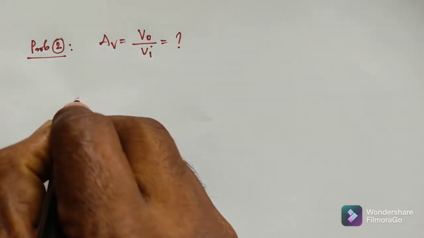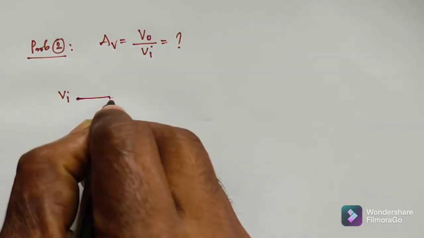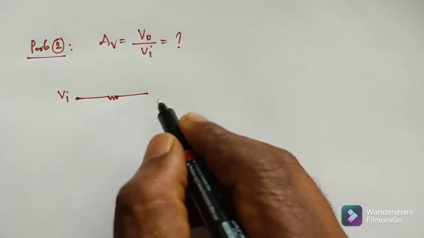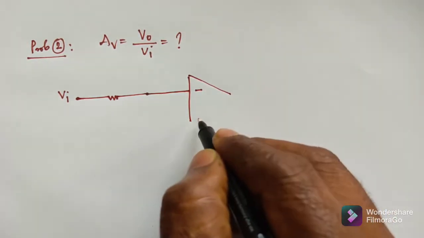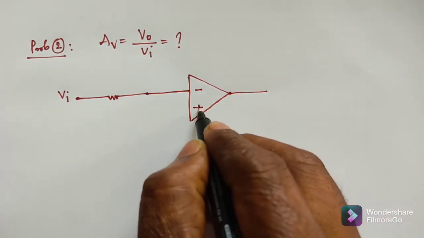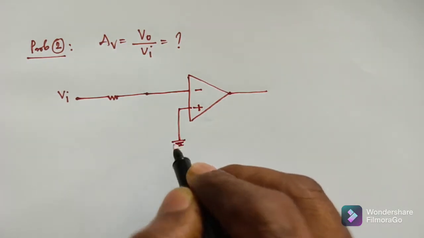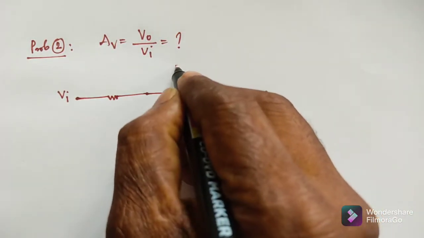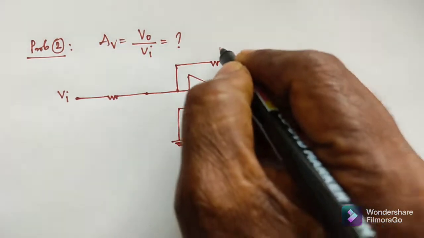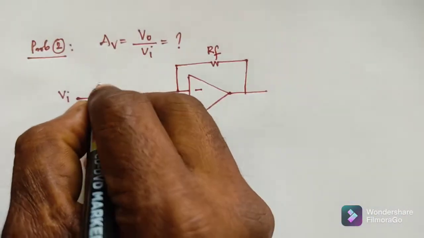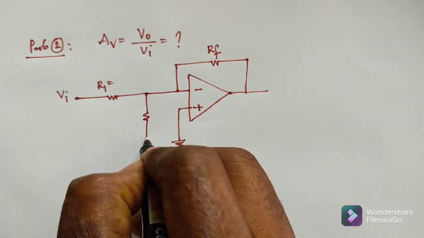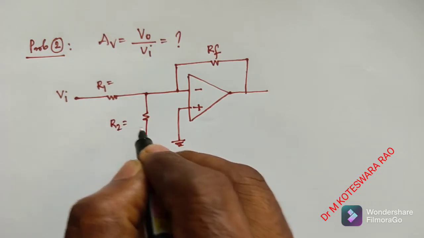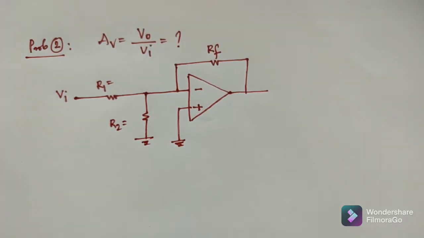The input voltage Vi is connected to one resistor, R1, which is connected to the negative terminal of the operational amplifier, and the positive terminal is connected to ground. Take one feedback resistor Rf. Take one more resistor, R2, which is connected to ground. That is the output voltage V0.